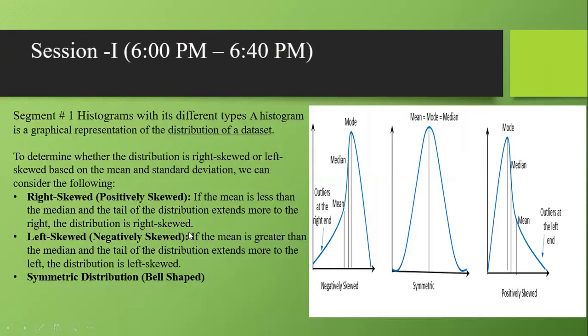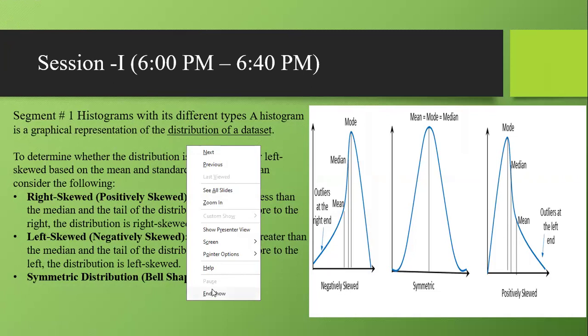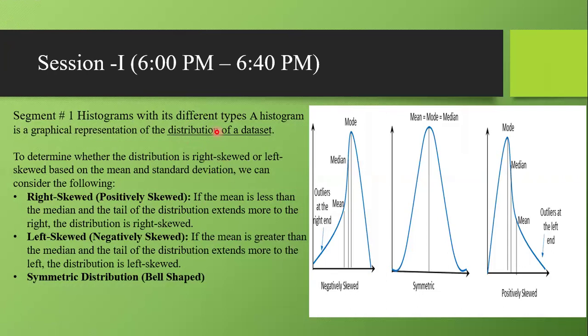So let's discuss the histogram first. A histogram is a graphical representation of the distribution of data. Basically, when we are discussing the histogram, we are discussing how your data is distributed, along with your number of values, to determine whether the distribution is right skewed, left skewed, or symmetric.